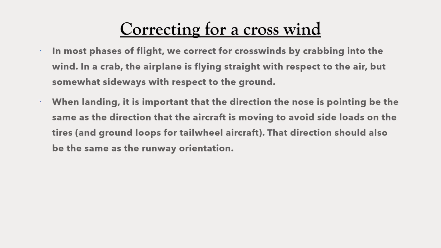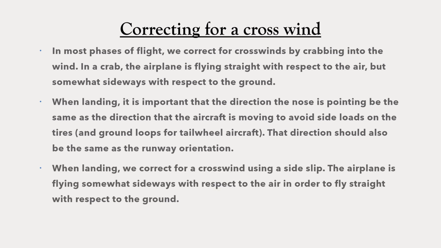When we're landing, we want the direction of the nose to be pointed the same direction that the aircraft is moving. So the way we accomplish that is a side slip. So the airplane will actually be flying somewhat sideways with respect to the air in order that we keep the nose pointed in the same direction as it's moving across the ground.